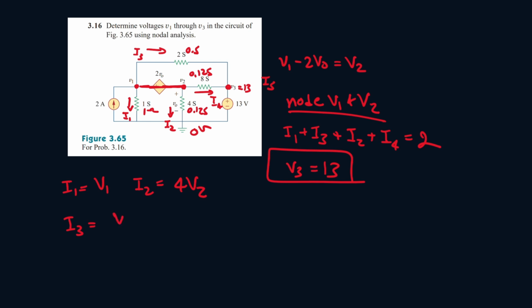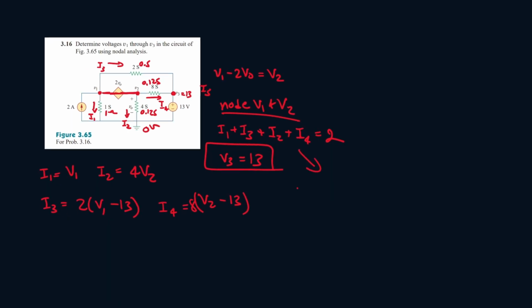I3 is V1 minus 13 all over 0.5, which is just 2 times V1 minus 13. And then we have I4. Sorry, I3 is 2 times V1 minus 13, and I4 is V2 minus 13 all over 0.125. That's the same thing as 8 times V2 minus 13. So that looks correct.